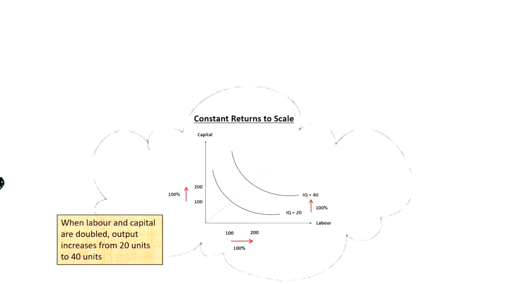Here, the output increases from 20 units to 40 units when labor and capital are doubled, from 100 units to 200 units. The percentage increase in capital and labor is the same, which is 100%. So that is the scale of production.